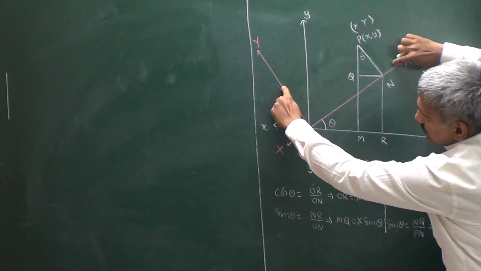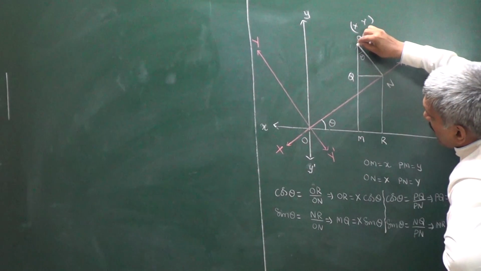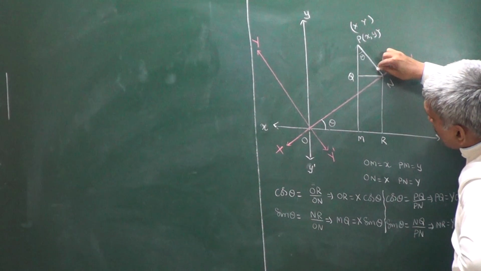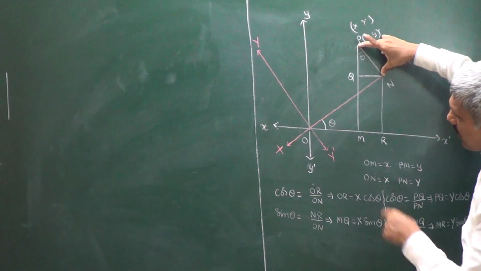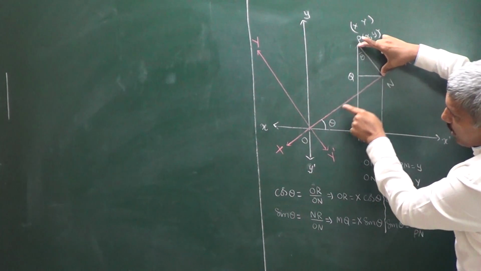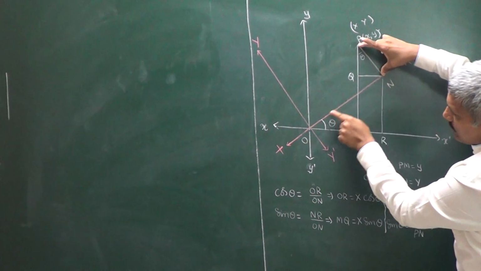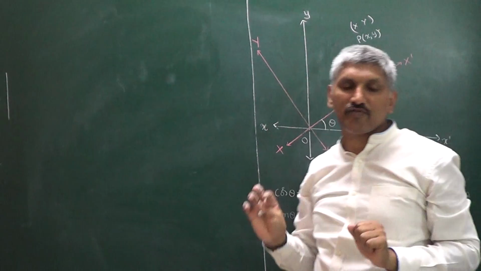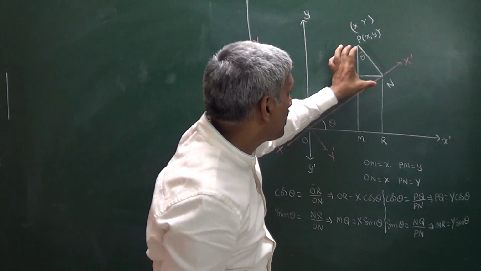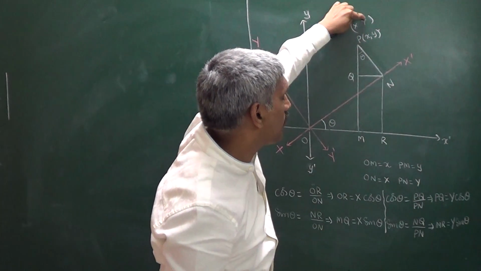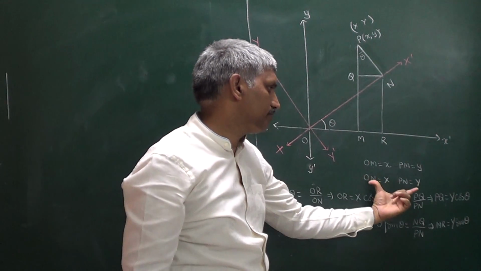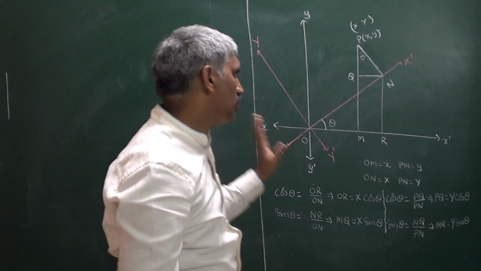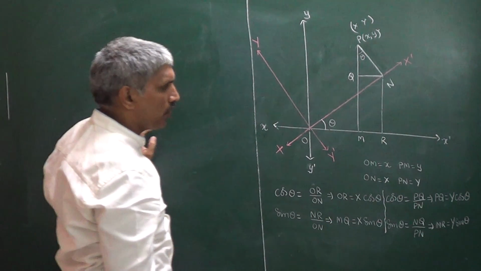That information you have to know. That means PN is equal to capital Y, ON is equal to capital X. Now observe the triangle ONR.